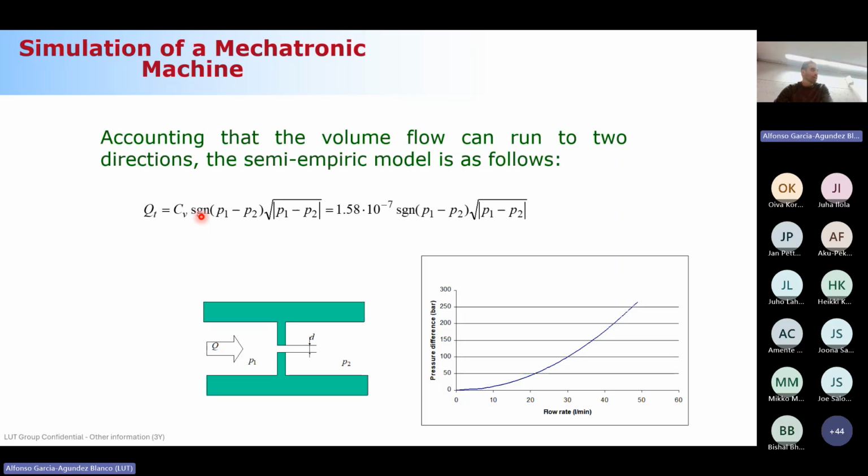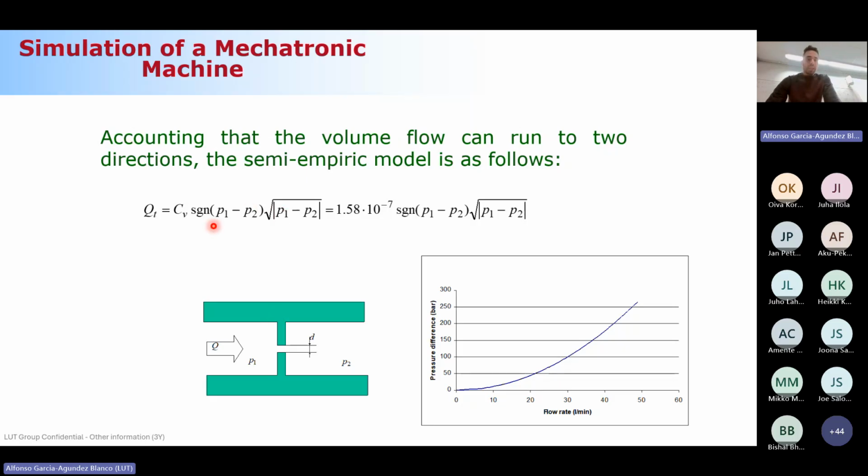This sign function is just a 1 or minus 1, okay? It tells you if the fluid is going from control volume 1 to 2, or from control volume 2 to 1. It is just to indicate the sense of the fluid, because you could have a case where you have the opposite sense, okay?